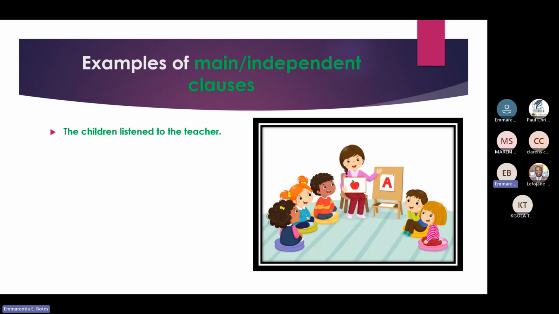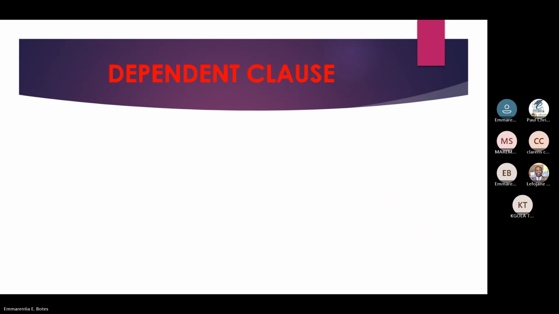Again, we do not need to add any information because we can understand this. It is a main or an independent clause. The children is the subject, and listened to the teacher is the predicate. So this is the definition of a main or an independent clause. It can stand on its own. You understand it just as it is.